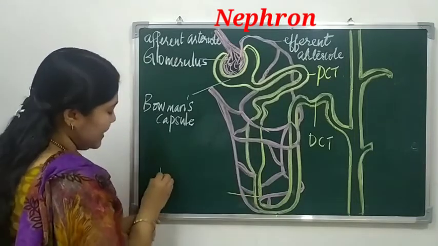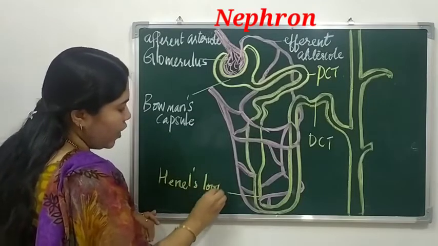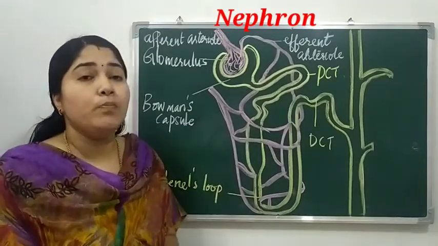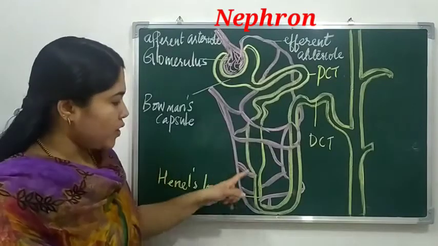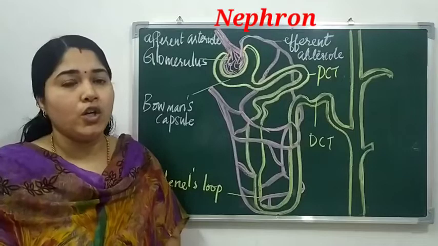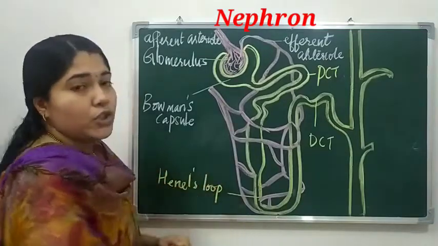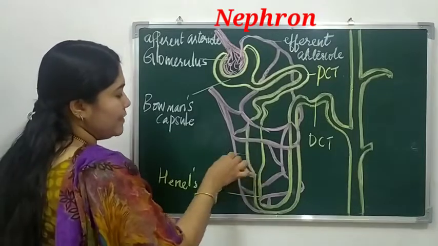It is called Henle's loop, or loop of Henle. Both are the same. This Henle's loop has two parts.